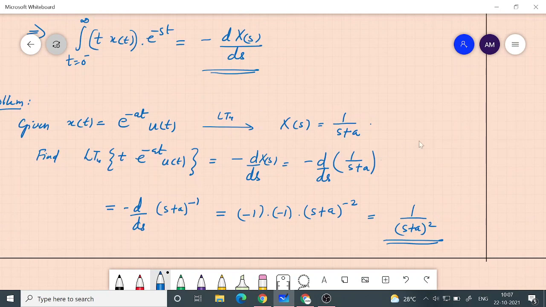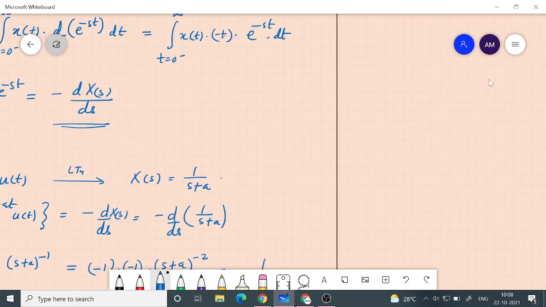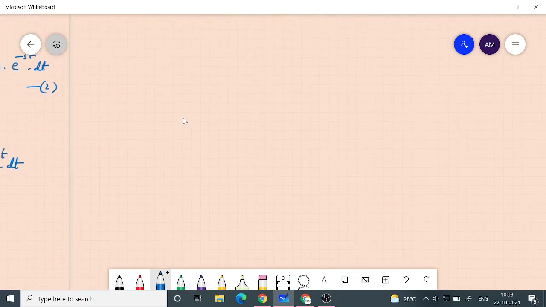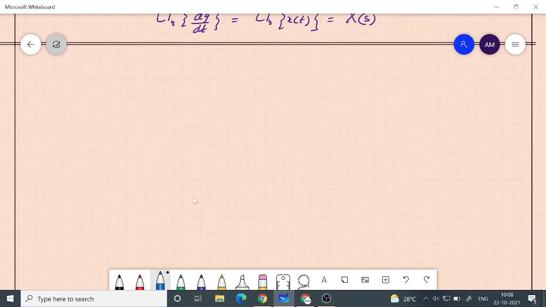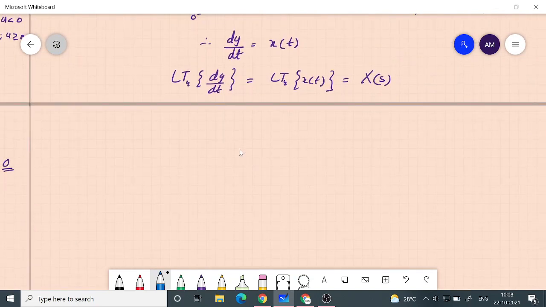We can also find this alternatively. Another method is there. We also know that t u of t has a Laplace transform 1 by s square.